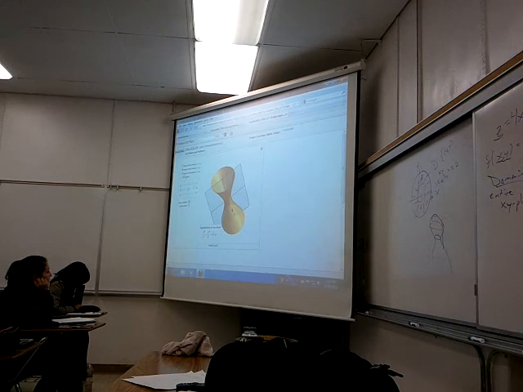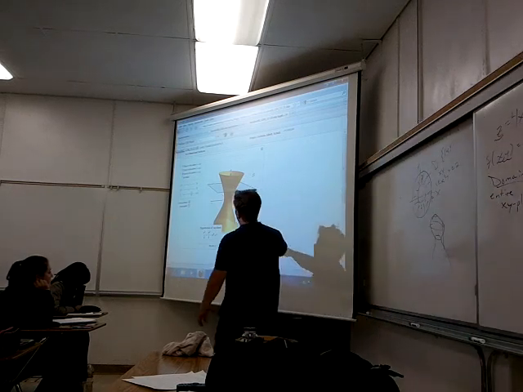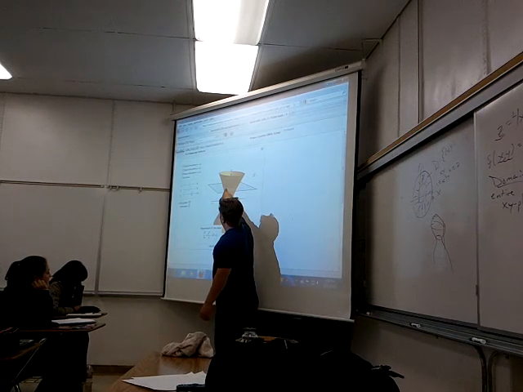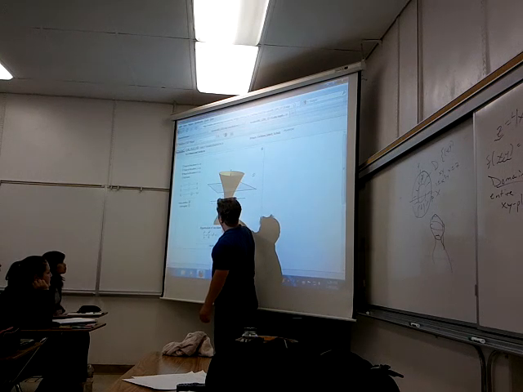Let me see if I can do this. There. All right. So if I'm on that green circle, and I move in my XY plane, my input moves this way.